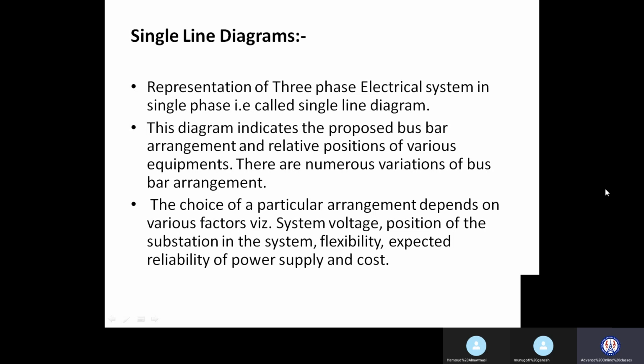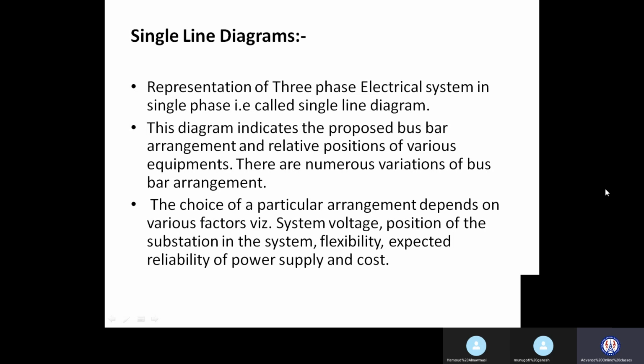In the last class we went through six switching schemes, and which one to use is decided by you. After the type of switching scheme, the next input is the number of incoming feeders and the number of outgoing feeders you are using in the system.